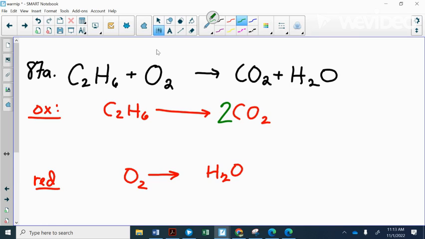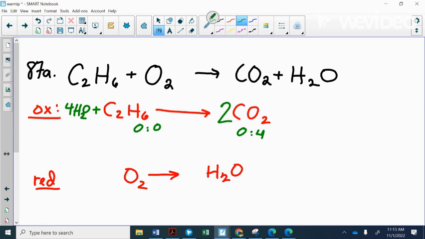After I balance every element but H and O, then I balance O using water. So there's no O's on this side, and over here there are 4, right? That 2 gets distributed. So I have to put 4 waters over here on the other side. So now I have my 4 oxygens.